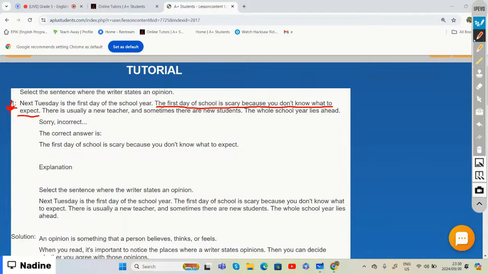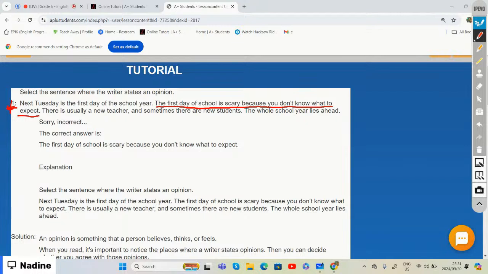Why do you think that sentence specifically is the writer's opinion?